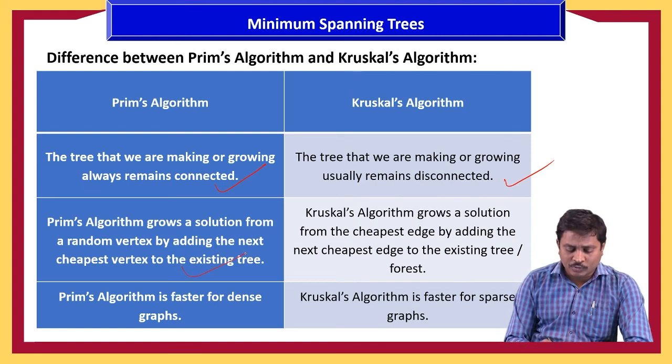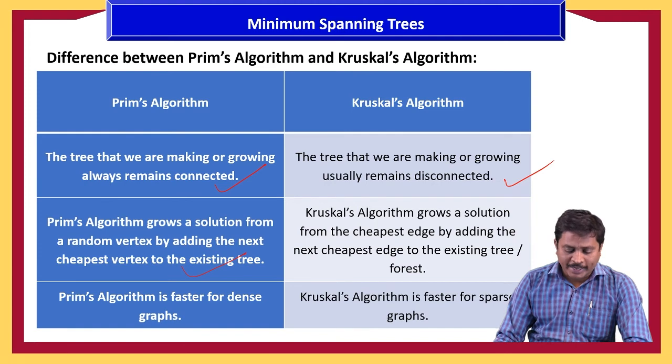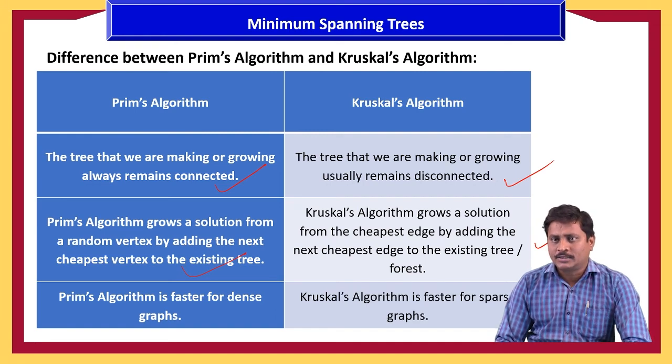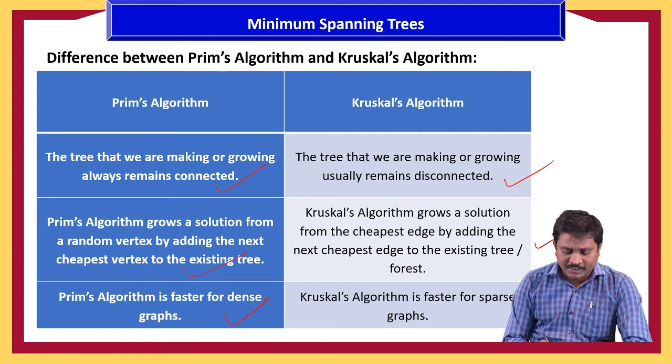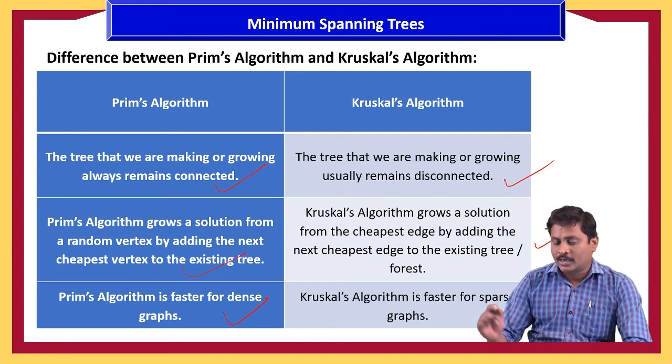Prim's algorithm grows a solution from a random vertex by adding the next cheapest vertex to the existing tree. Kruskal's algorithm grows a solution from the cheapest edge by adding the next cheapest edge to the existing tree. Prim's algorithm is faster for dense graphs. Kruskal's algorithm is faster for sparse graphs.